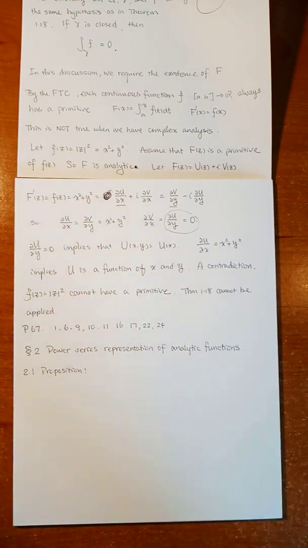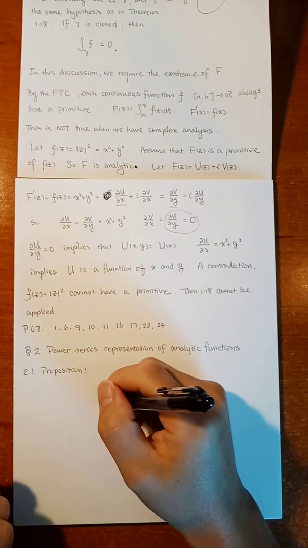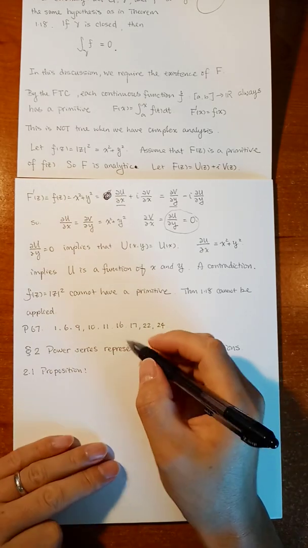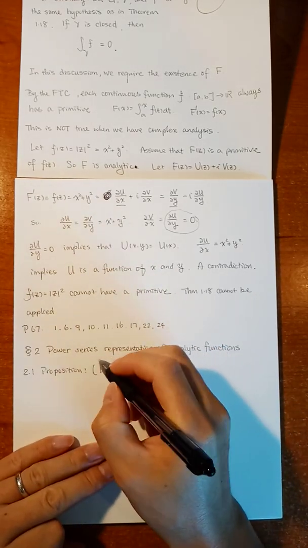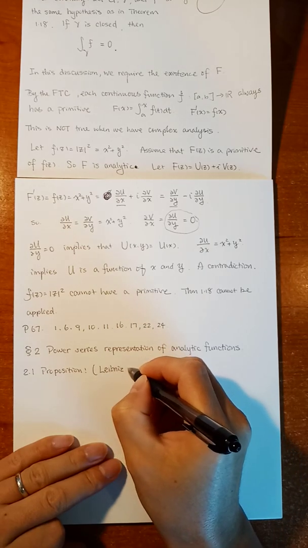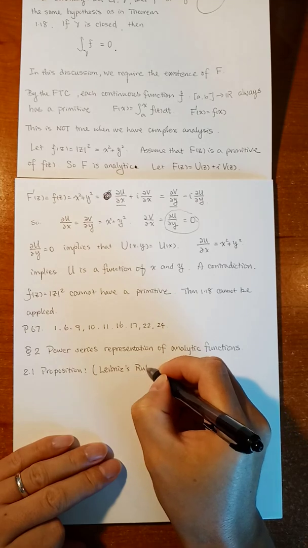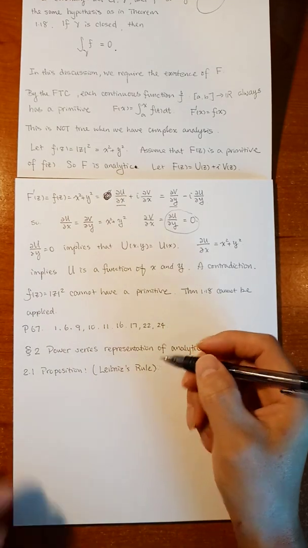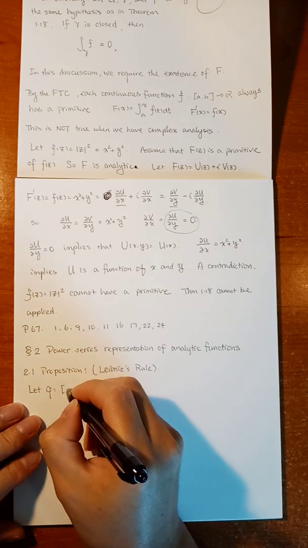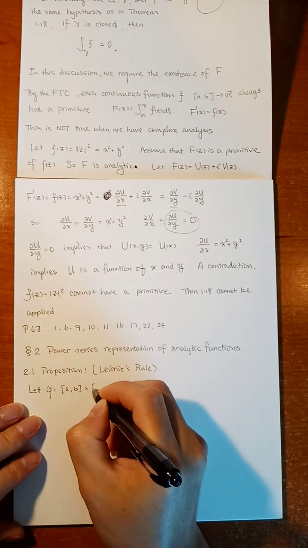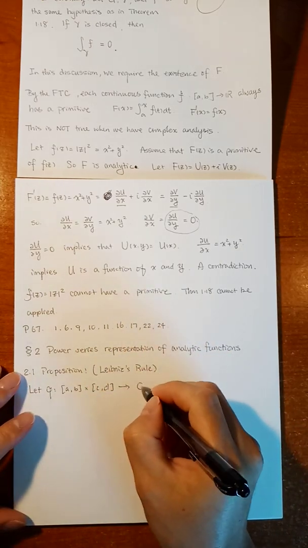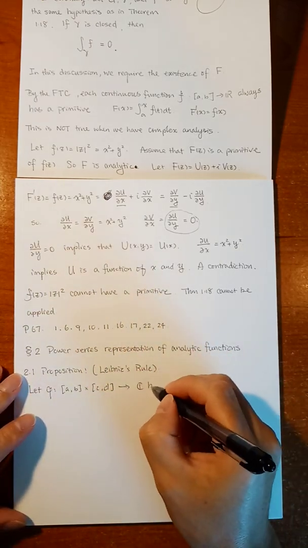Proposition. The first proposition: we want to construct the Leibniz rule. What is the Leibniz rule? Let's check. Let phi from [a,b] cross [c,d], the domain is a rectangle, to C, be a continuous function.